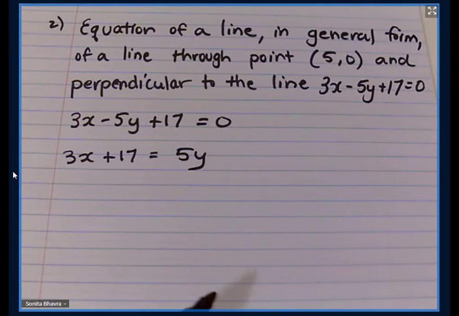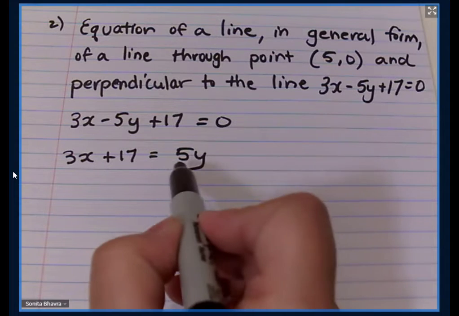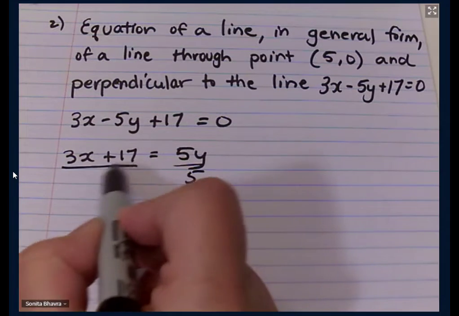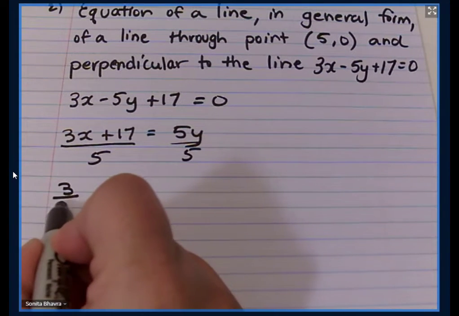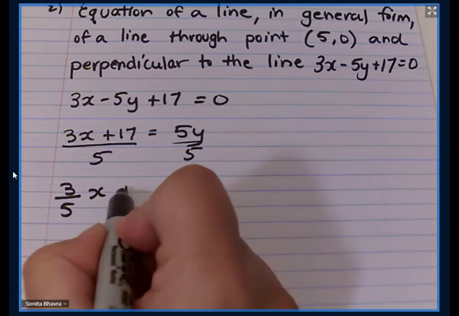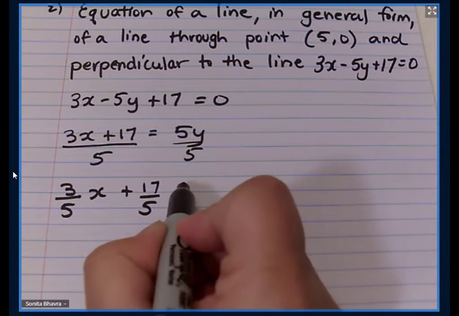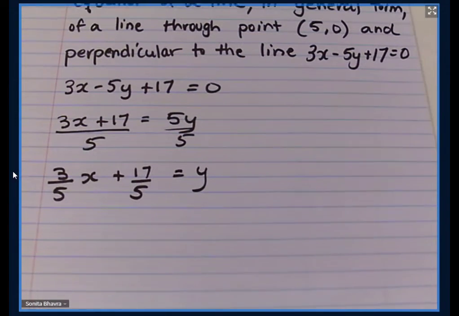All I've done is add 5y to both sides. This is what it looks like now. And then all I have to do is divide by 5. Both sides have to be divided by 5. That gives me 3 over 5x plus 17 over 5 is equal to y.